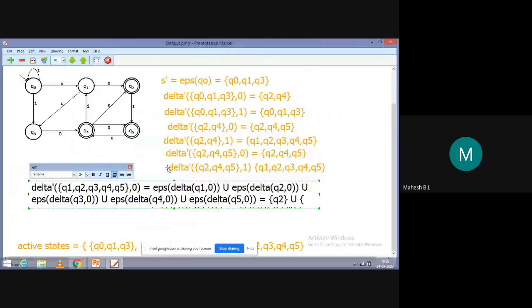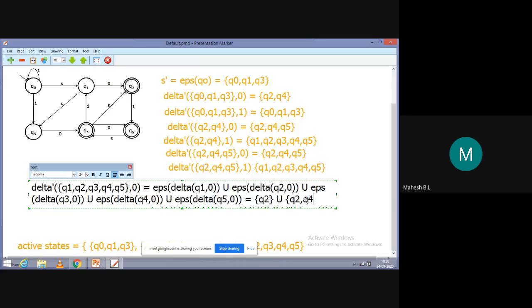So here we were doing Q1, 0 is Q2. Epsilon of Q2 is nothing but Q2. Next, Q2, 0 is not defined. Next, we are at Q3, 0. Q3, 0 is Q4. What is epsilon of Q4? It is Q2, Q4.